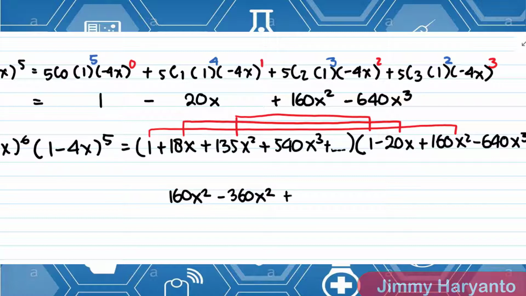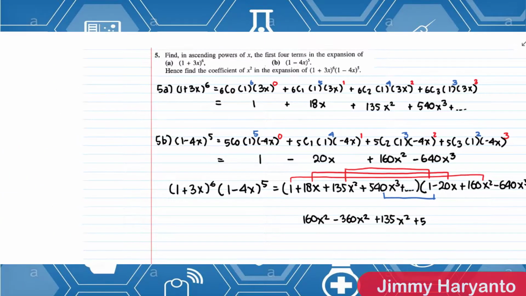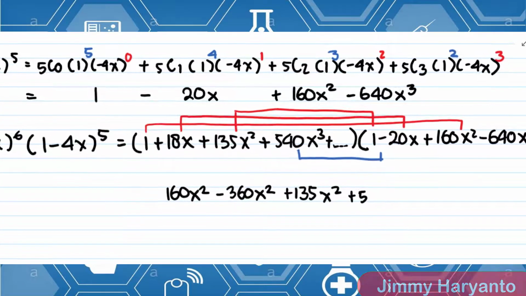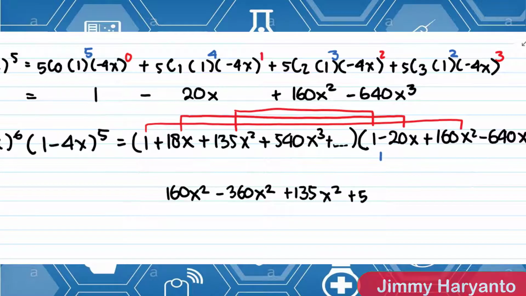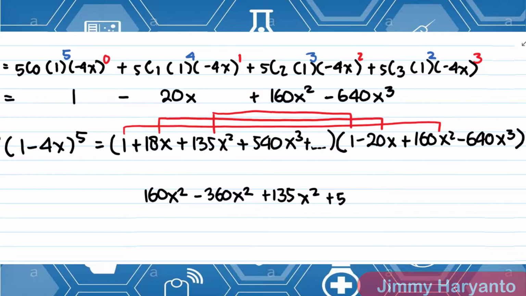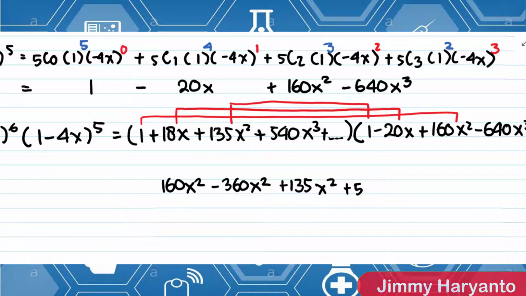It will be 135x squared, and then after that this times this, it will be plus 540x squared, not x cubed, x squared, sorry. We don't need the last one. And then after that, no more. So the result is only like this.